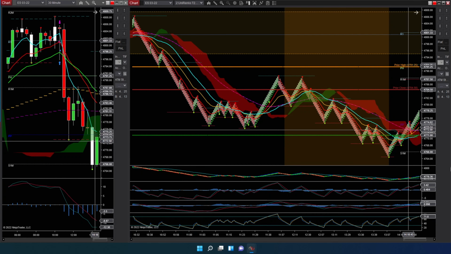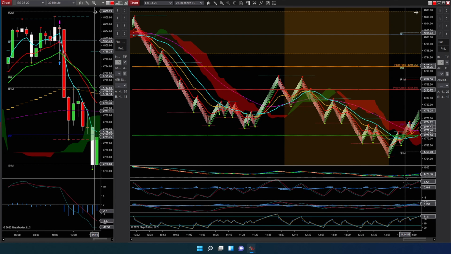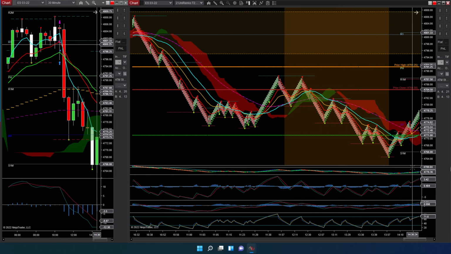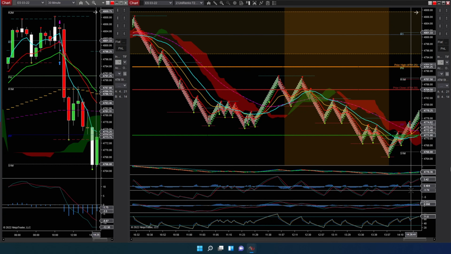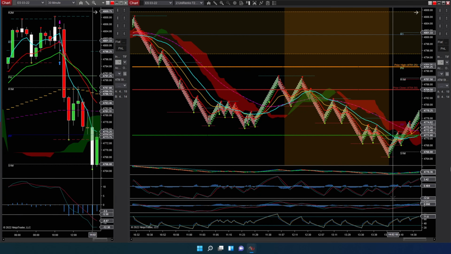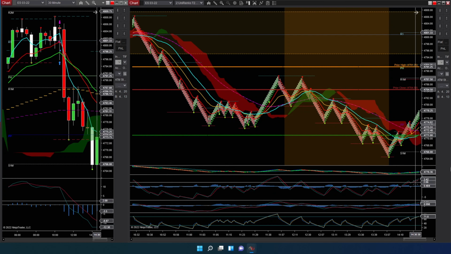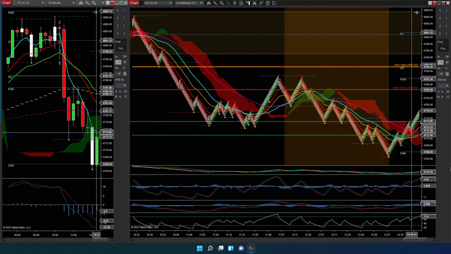Okay, so if you see the momentum right here was giving one bar to the downside and then moved to the upside, and here its momentum lines are moving up, so this is all bullish. You could take it here. This one is actually at 416.